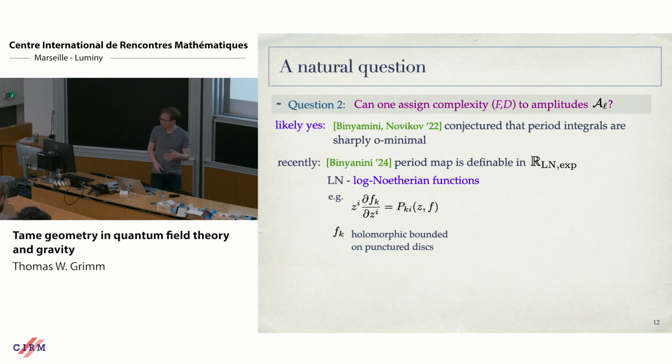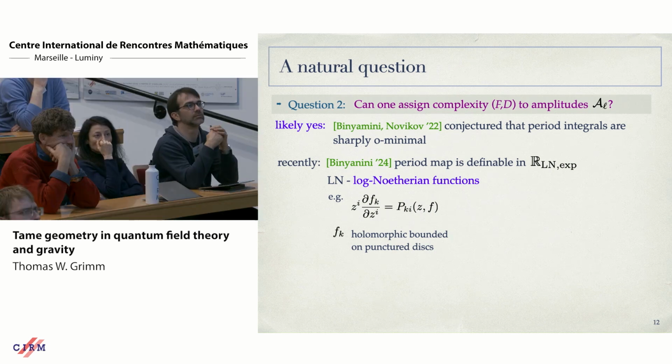This is actually one step further than just this original conjecture here, because last year, Bignamini made a construction of a structure which sits inside R_an(x) and has a good chance to be sharply o-minimal, namely this structure of log Noetherian functions, which is expanded by the exponential.